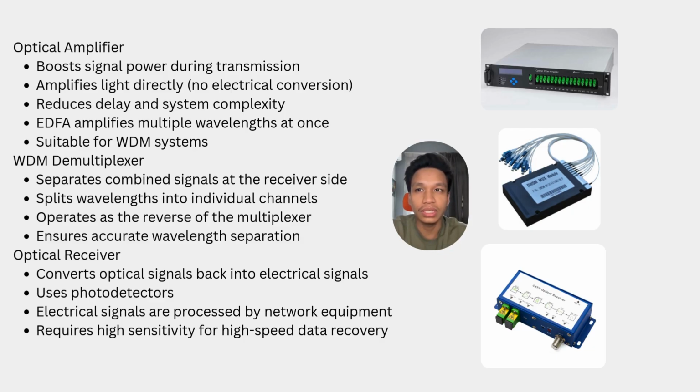It also ensures accurate wavelength separation. Last but not least is the optical receiver, which converts optical signals back into electrical signals using photodetectors. The electrical signals are then processed by the network equipment, and it requires high sensitivity for high-speed data recovery.